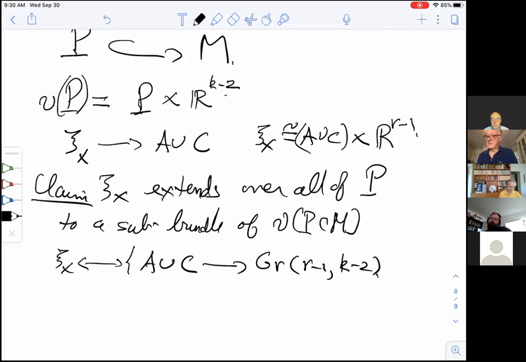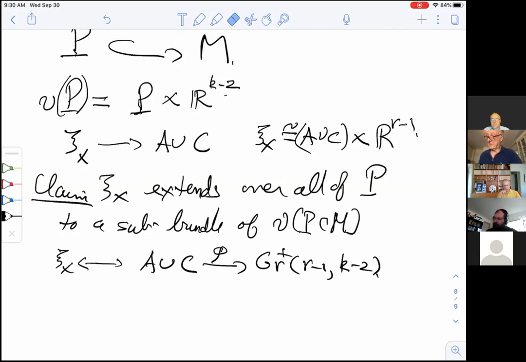It's embedded into R^(K minus 2), so it gives me a linear subspace of this dimension. And these are all oriented, so it's the Grassmannian of oriented planes. So the subbundle is really, with respect to the trivializations, a function from a slightly bigger version of the circle into this Grassmannian of planes.